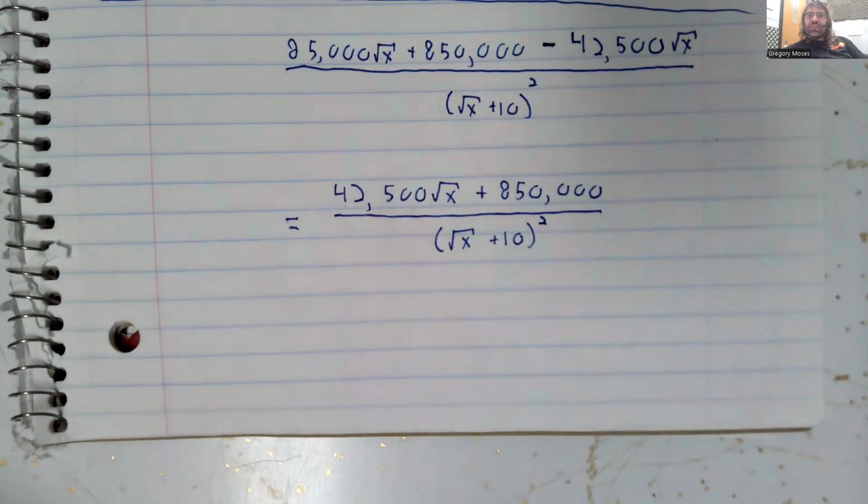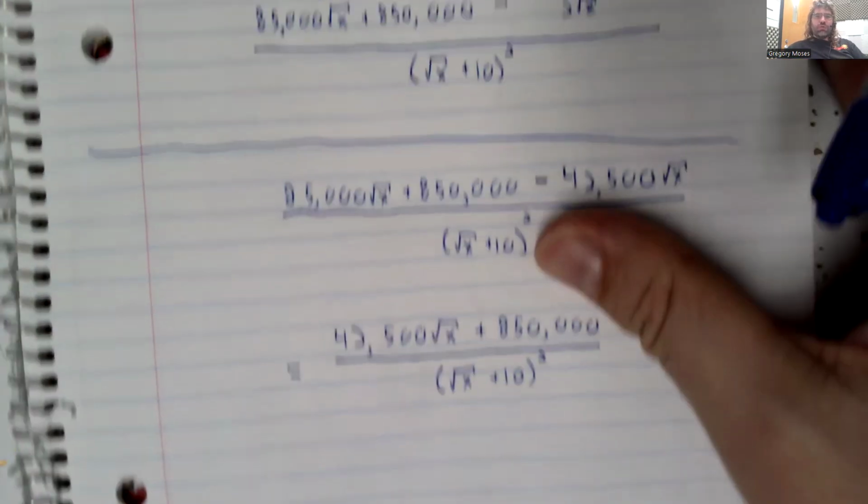Maybe that was kind of annoying to you, but you've got to be able to do stuff like this. Because once we start using the derivative, we're going to do things like take the derivative and set it equal to 0.